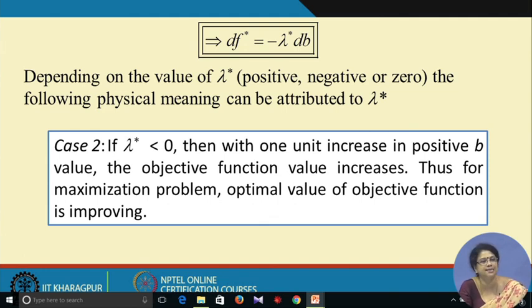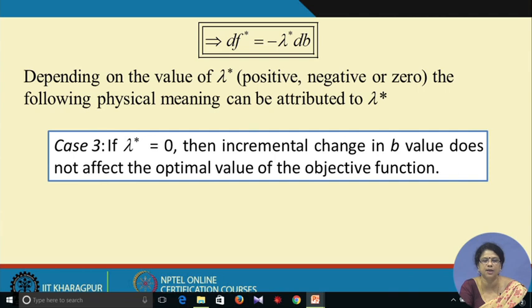In the other case, neither positive nor negative, if lambda star is 0, then what is the thing? df star is equal to 0 into db. Even if I change b, there is no effect on the optimal value of f. That is why it is said that for lambda star equal to 0, it has no effect even if I change b.